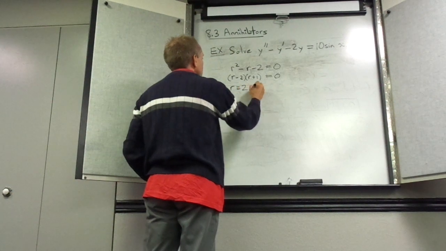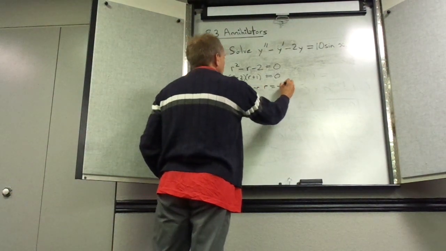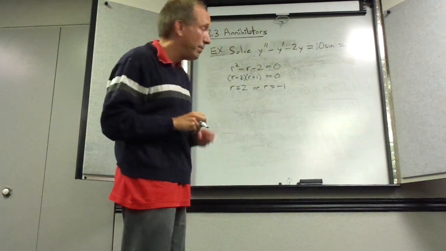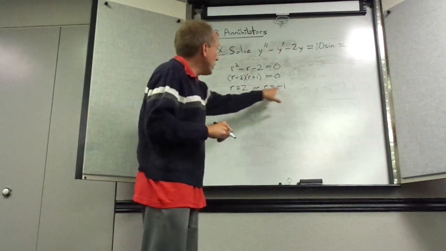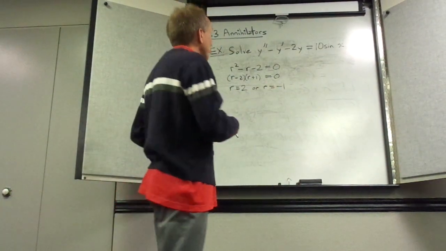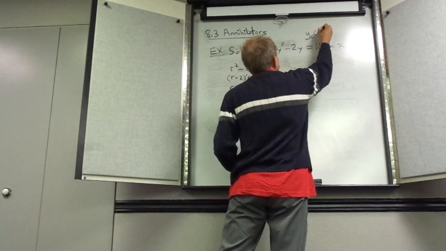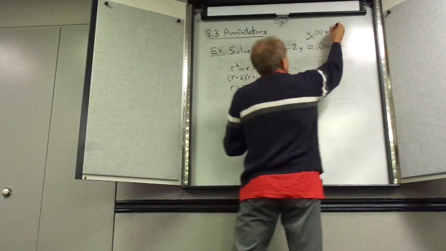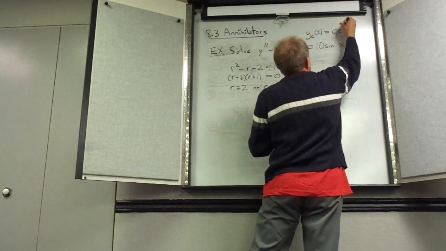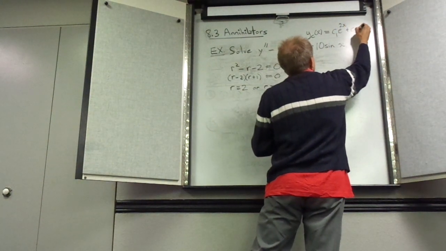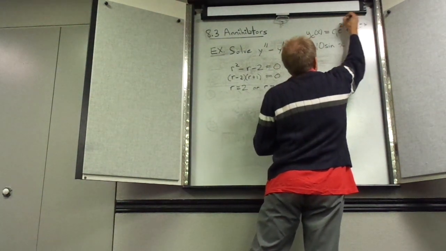And so r is either equal to 2 or equal to negative 1. Those are again two distinct real roots, so I can write down my complementary function, which is going to be C1 e to the 2x plus C2 e to the negative x.